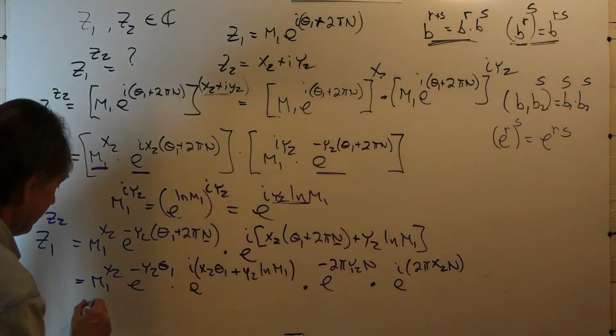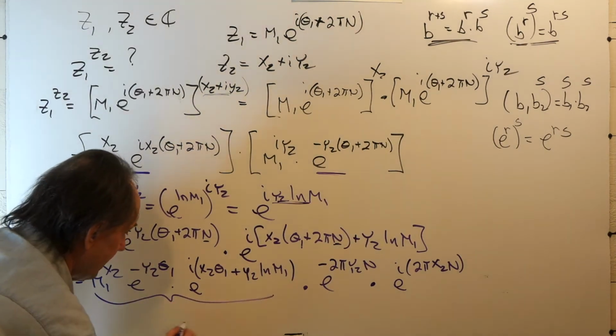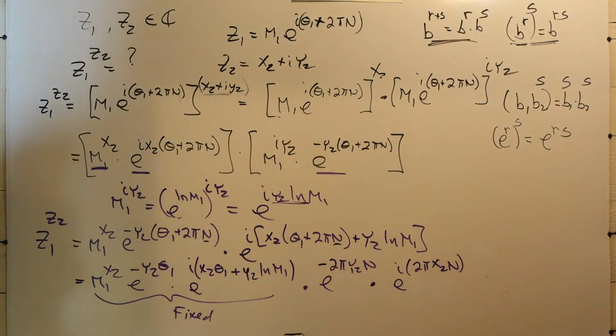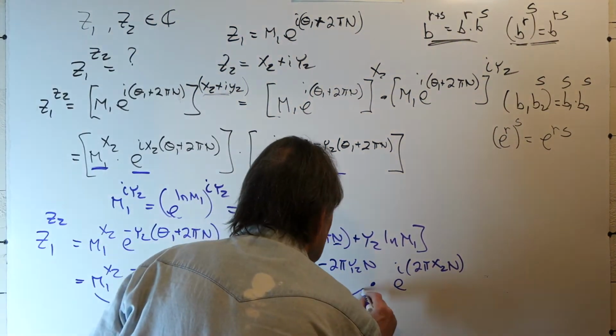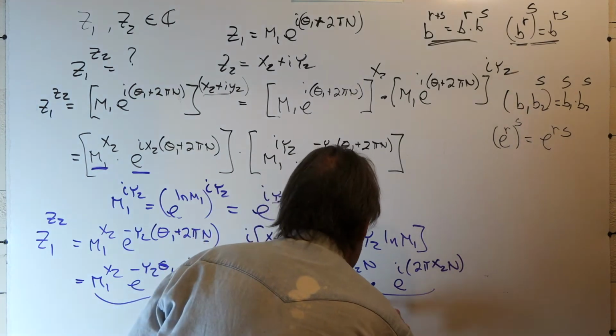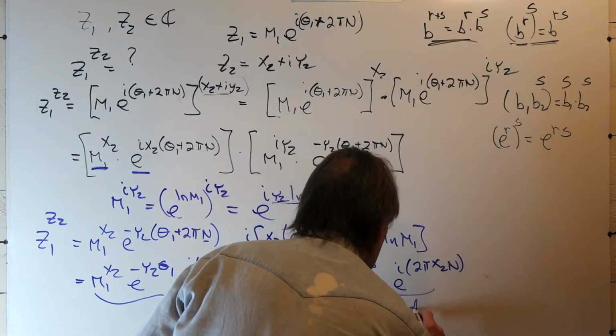Now this part is fixed. It does not depend on n. This would be the principal value, and this is variable. This is a function of n.